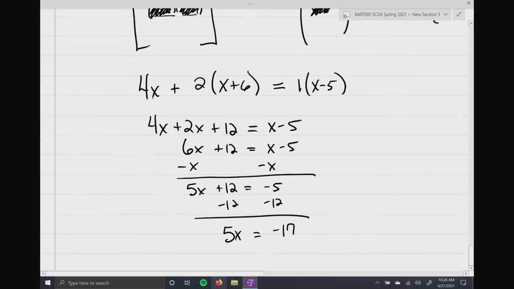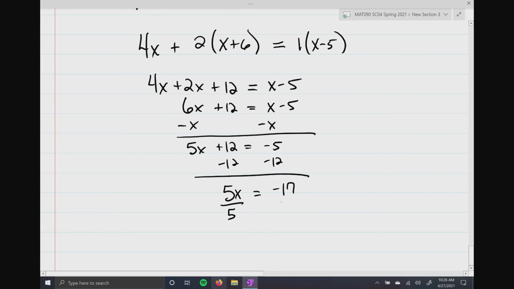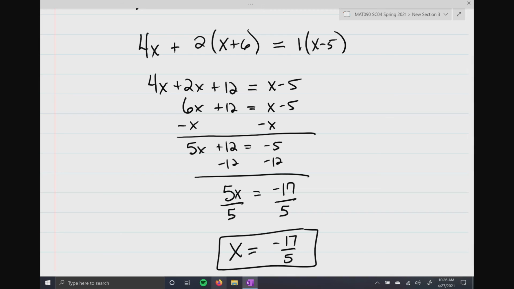And last but not least, I divide both sides by 5 to give me x equals negative 17 over 5. Nobody said these answers have to look pretty. The only thing I'm concerned with is, is that a valid solution? Well, it's not negative 6 and it's not positive 5, so I feel pretty confident with my solution.